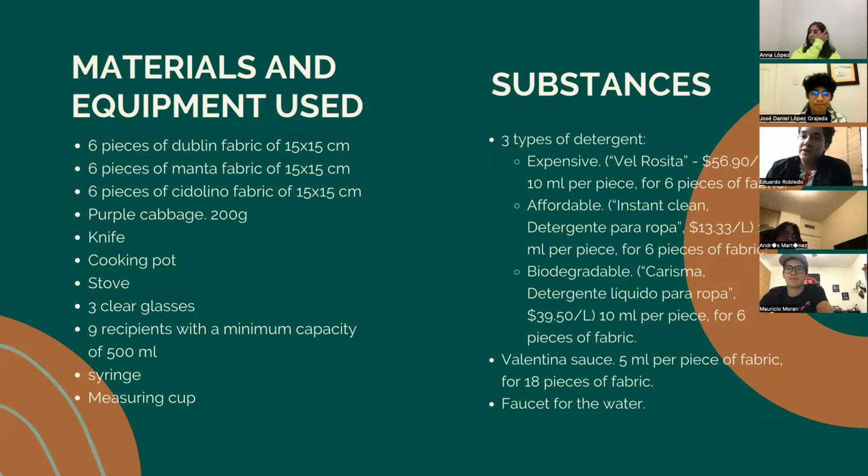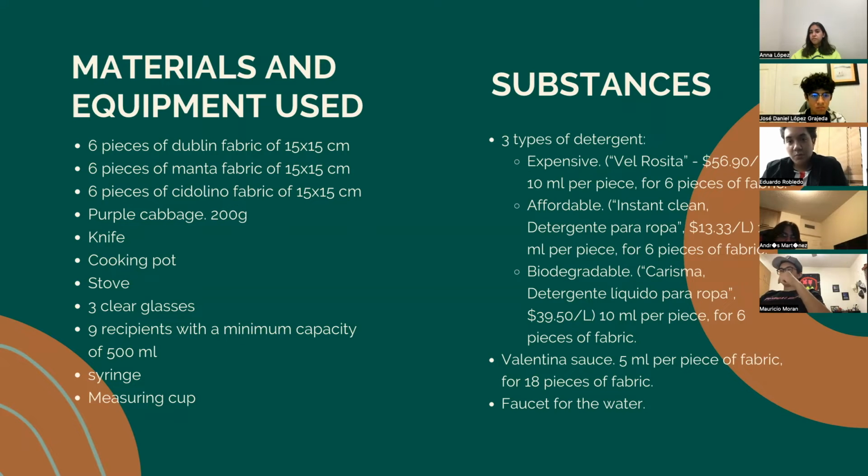The materials and equipment we used for this experiment were doubling fabric, of which we cut 6 pieces of 15 by 15 centimeters. Also manta fabric and Sidolino fabric, again six pieces of 15 by 15 centimeters each. Purple cabbage for the pH equipment, 200 grams.